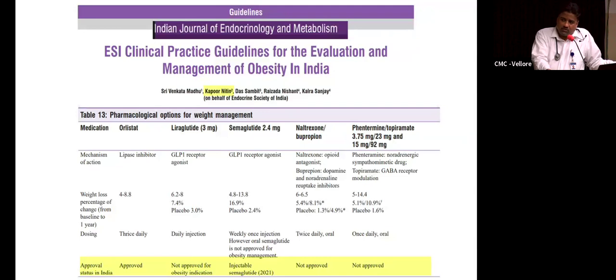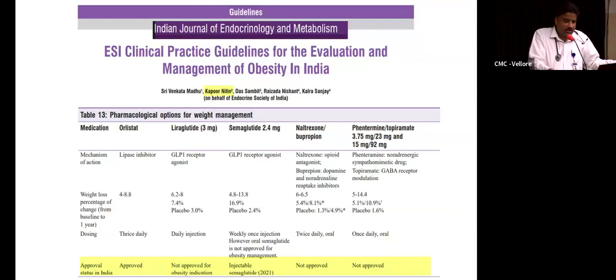When you talk of the quantum of weight loss with Orlistat, in different trials it's up to 5 to 8 kgs, and it predominantly works in people who consume a lot of fat in their diet conventionally, either through their religious customs or their familial practices. But otherwise, the quantum of weight loss is not that great.